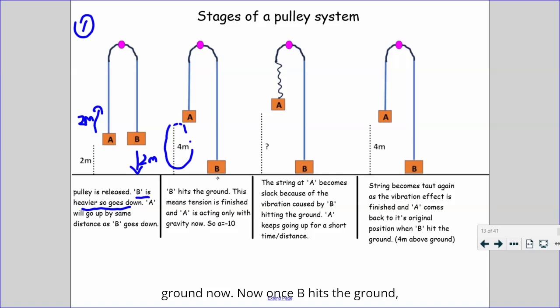Okay? Now, once B hits the ground, the tension is now finished, because they are not both hanging in the air. One particle is obviously staying at the ground. Okay, so tension is finished. That means T equals 0 after B has hit the ground. Now A is in the air.